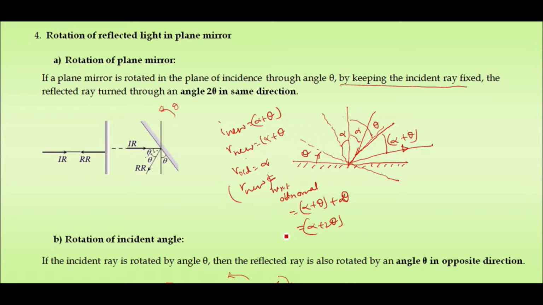So clearly, R new with respect to the old normal and R old with respect to the old normal have a difference equal to 2 theta. So the reflected light ray turned through an angle 2 theta in the same direction.